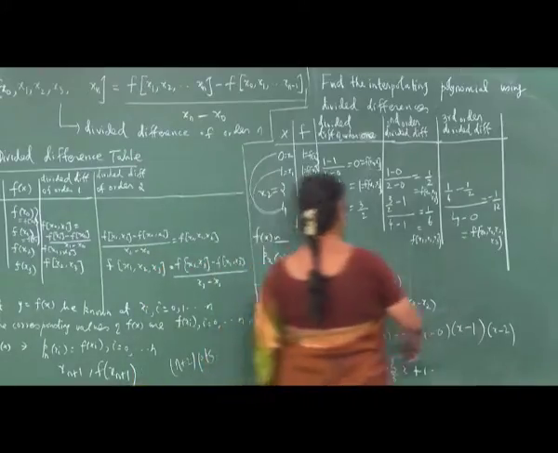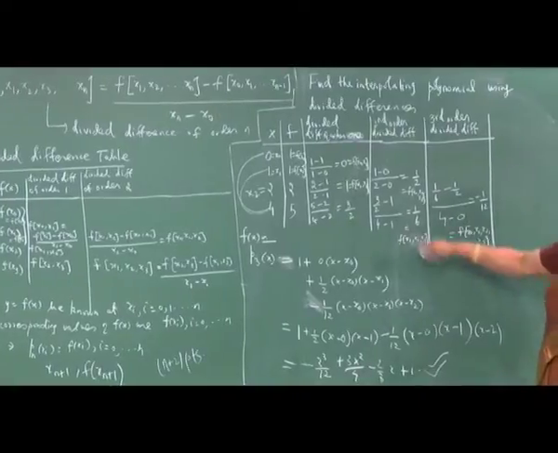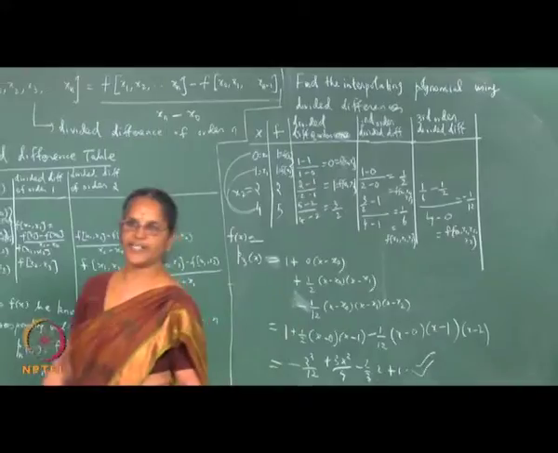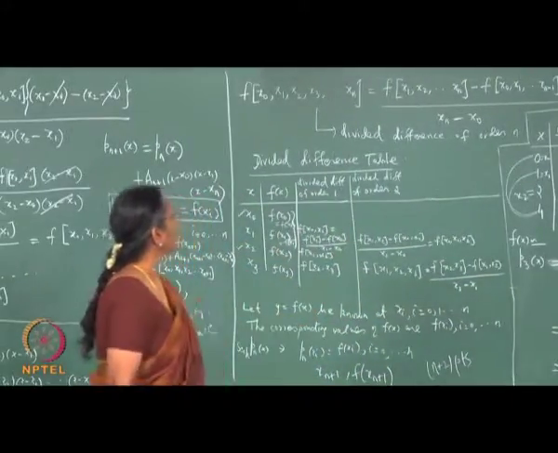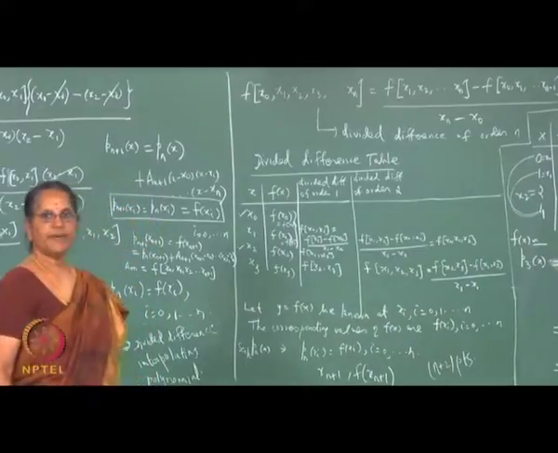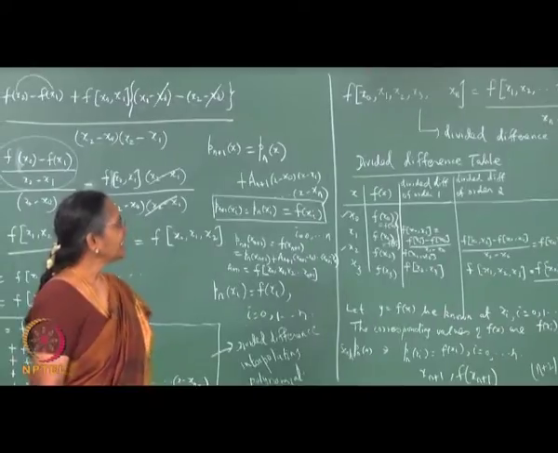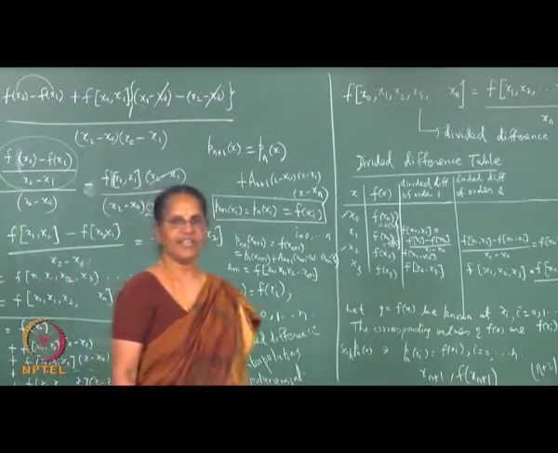So, this is the required interpolating polynomial of degree 3 that interpolates the function at a set of 4 distinct points. So, we now have understood how we can construct interpolating polynomials using divided differences. We shall now look at some important properties of these divided differences.